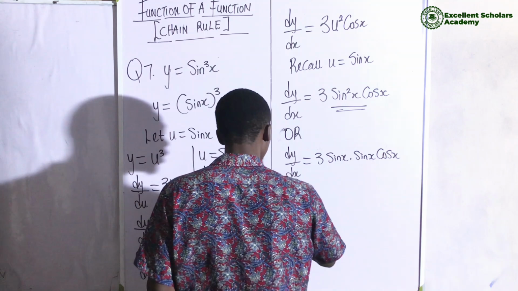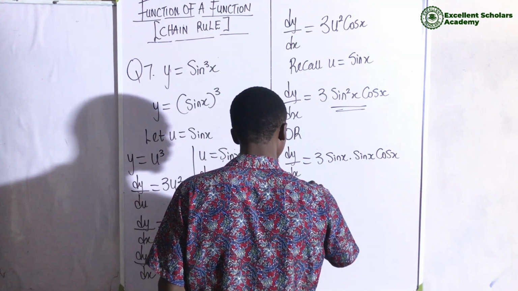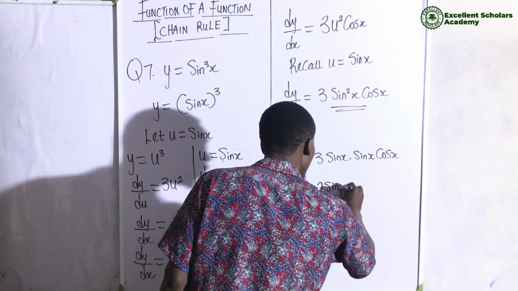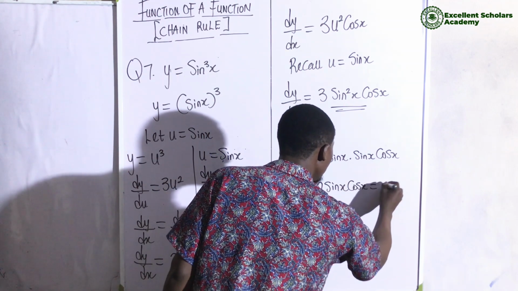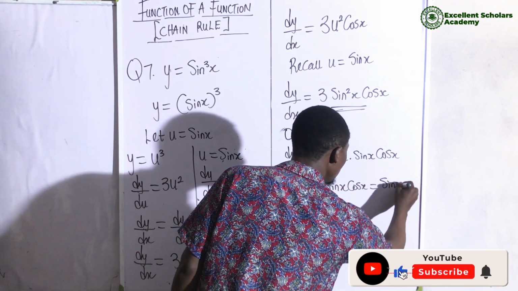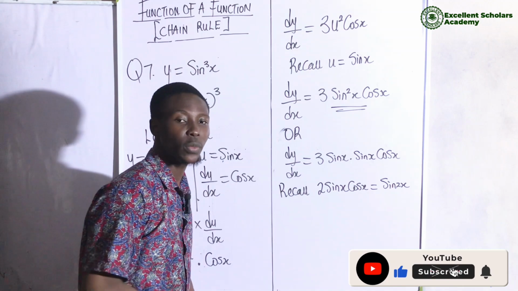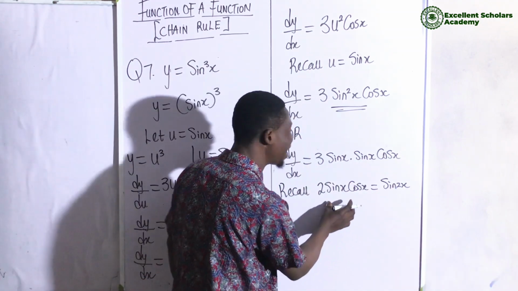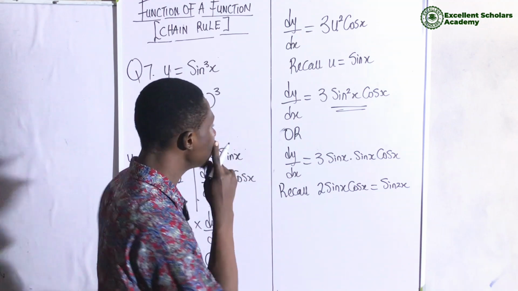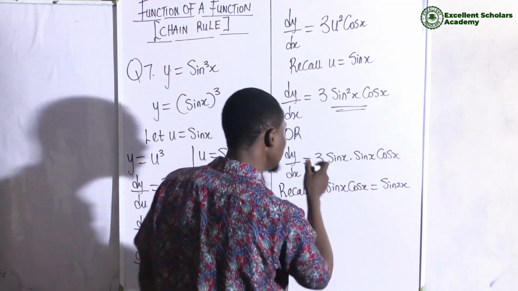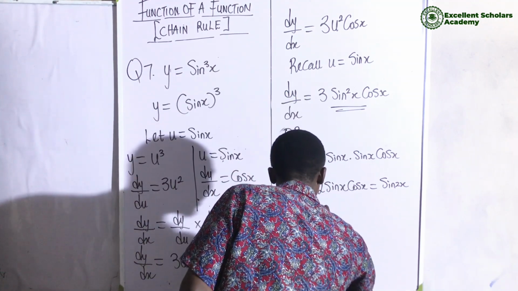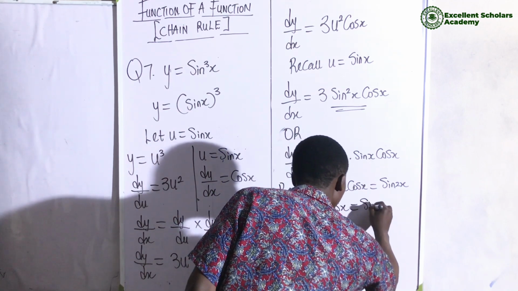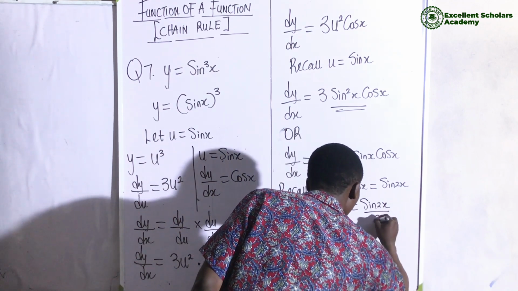Now, if you recall clearly, recall that 2 sine x cos x equals sine 2x. This is a trigonometric ratio. So now, if I have this to be this, it means that sine x cos x is equal to sine 2x over 2.